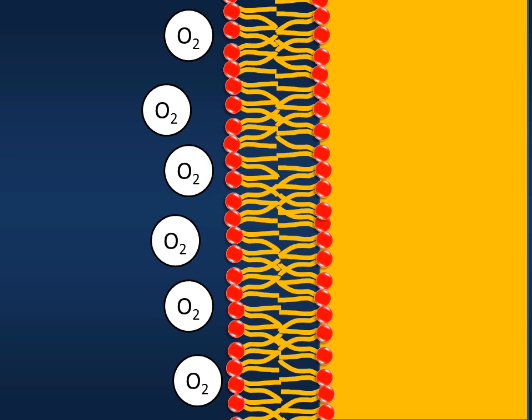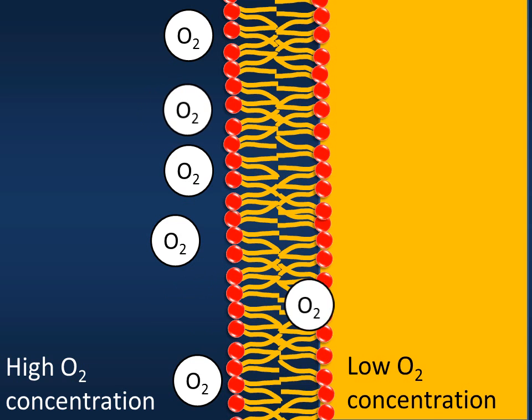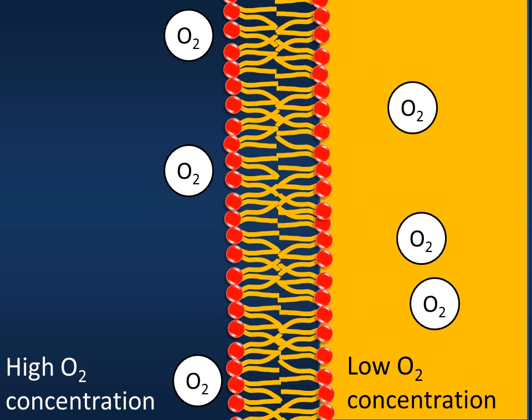In our cells, for instance, because they need oxygen, we can see the same thing happening here, where oxygen is passing by outside our cells in our bloodstream, and that would be an area of high oxygen concentration. Inside our cells would be an area of low oxygen concentration. So the O2 molecules diffuse down that concentration gradient until we reach equilibrium.